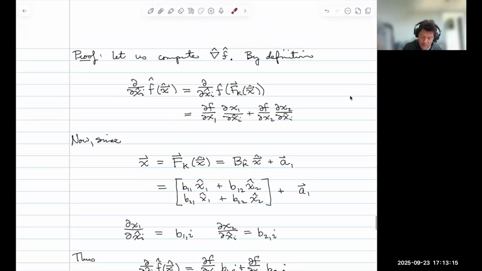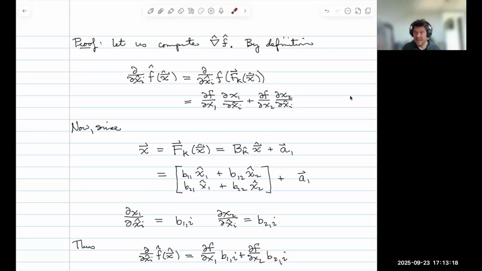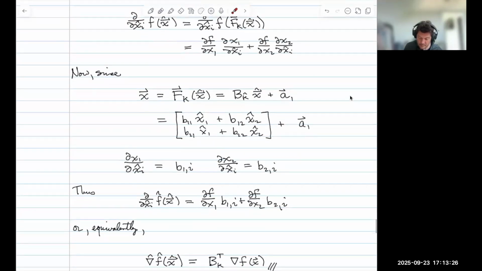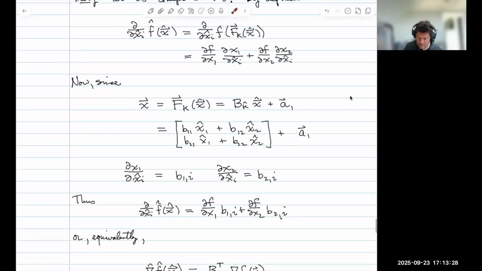But now, all I want to do to finish this out is to show that this calculation here is nothing more than these numbers here. In other words, what I want to show is that this part here is going to be the element of B_K, first row, ith column.